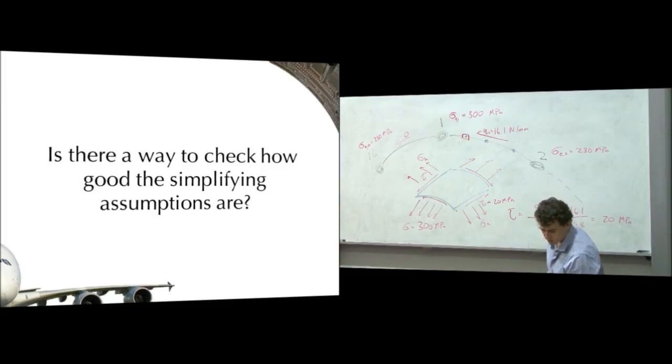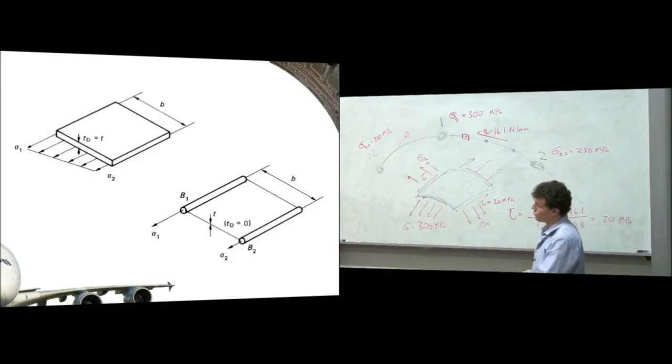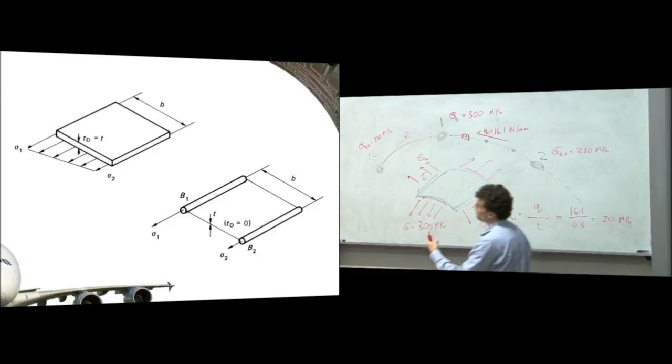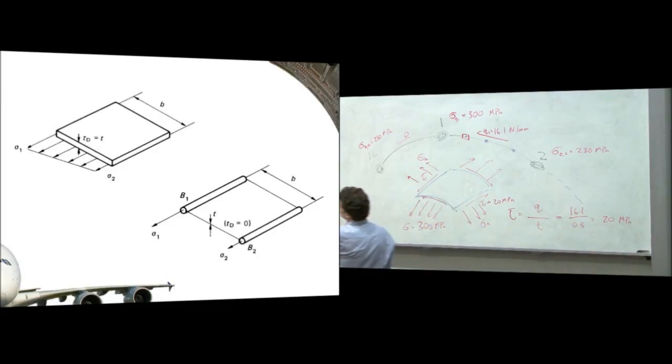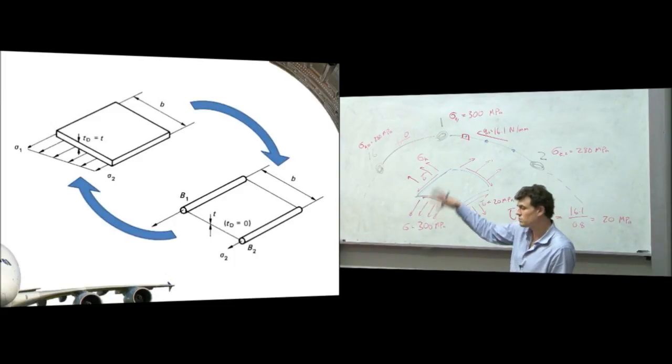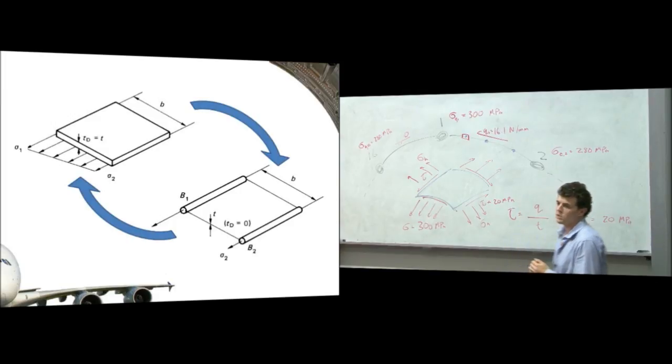Another way to do it would potentially be to reverse this calculation process somehow. Instead of going in this direction, could we reverse the problem? Could we make some anti-simplifying assumptions to make sure that our calculations are sensible?